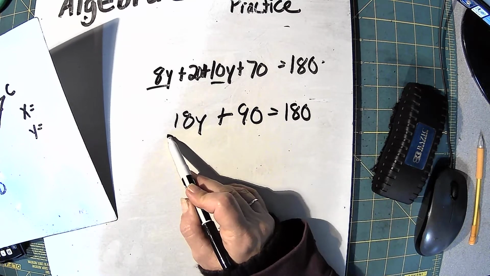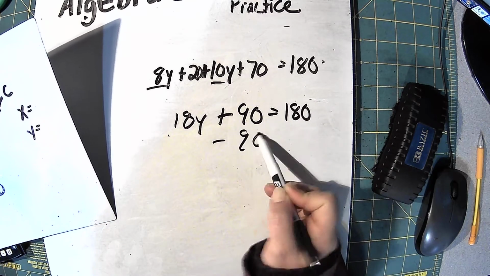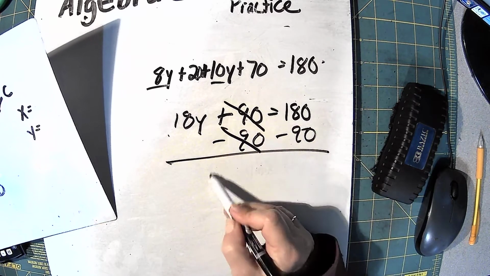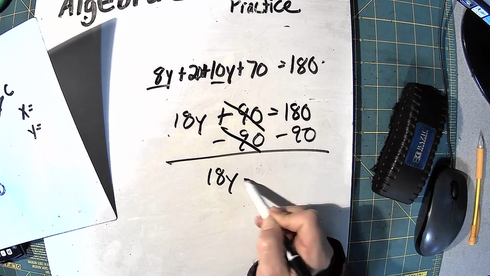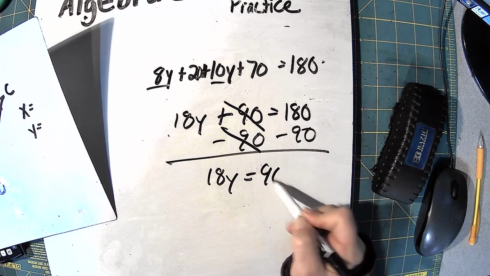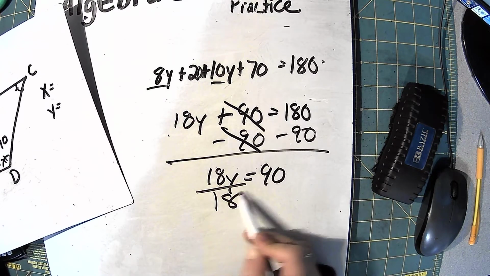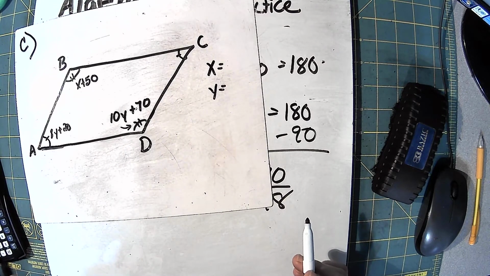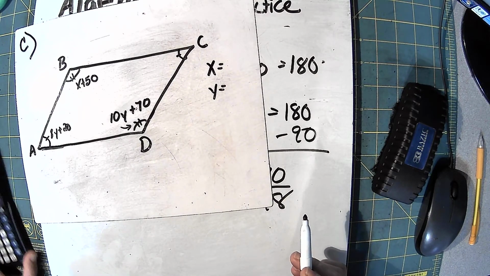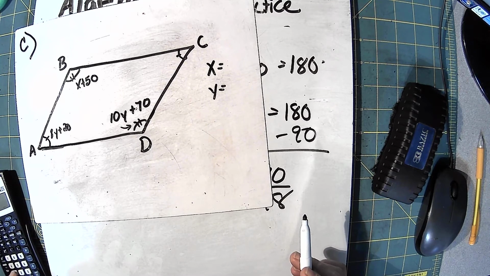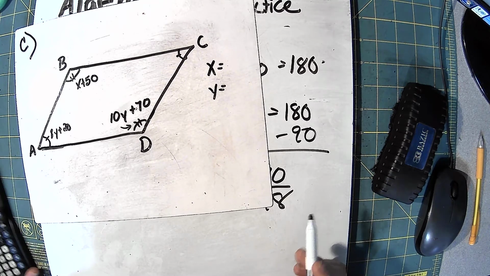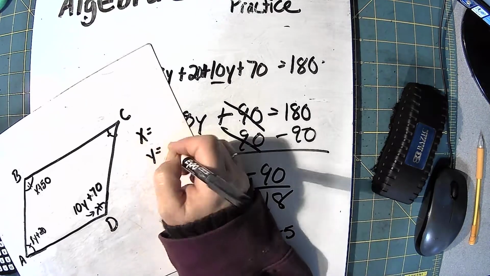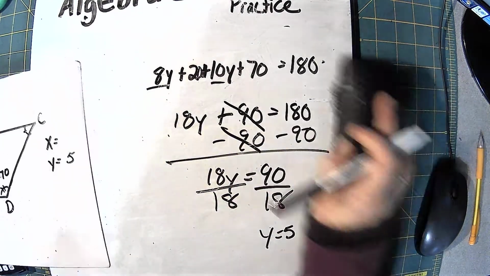And then we're going to say minus 90. We're going to have 18y equals 90. So now we need to divide by 18. So what is 90 divided by 18? Equals 5. Okay, so we've got y equals 5.